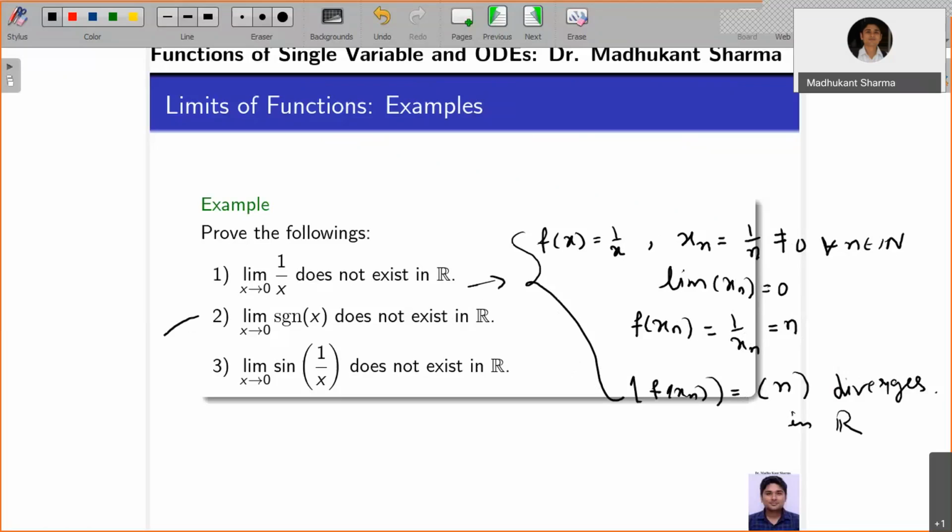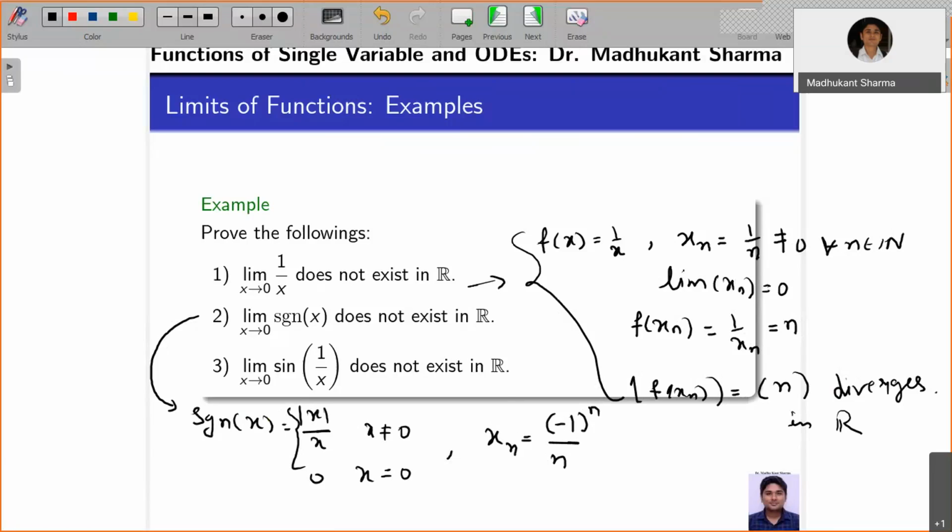Now, for the second, you know what the signum function is. It is defined as mod x by x whenever x is not equal to 0, and 0 whenever x equals 0. For this case, again we will follow the same approach. You decide the sequence xn to be minus 1 to the power n by n to the power p, where p is greater than 1. Then the limit of xn is 0.